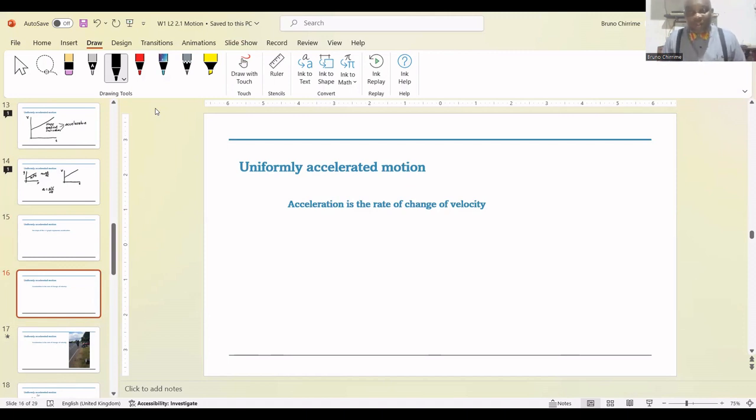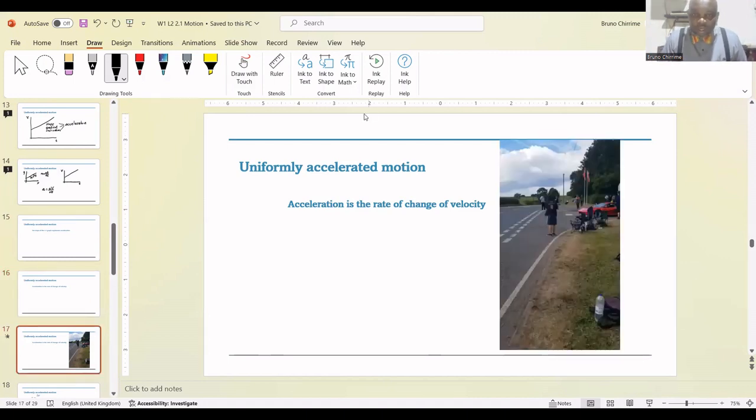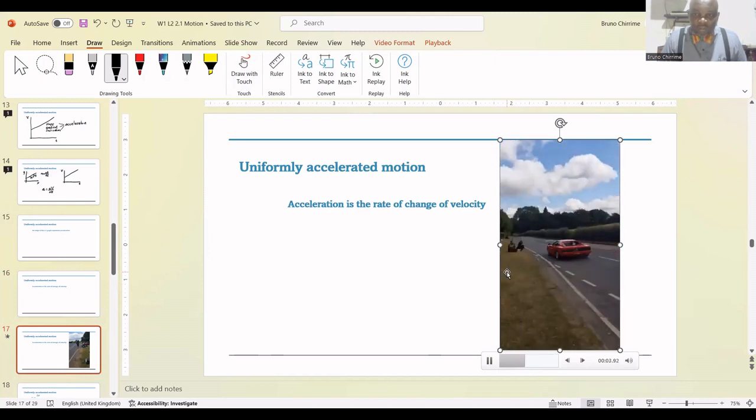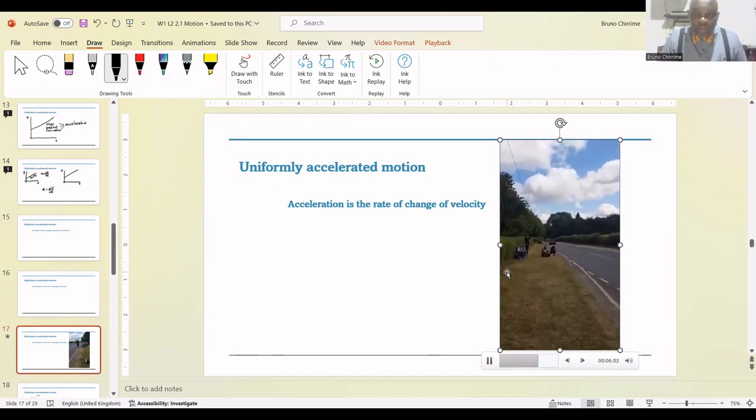And for that, we have a small video here. We can see acceleration of a Ferrari. So we speak about powerful cars that can accelerate very fast, very speedily. You can see that it went from around 0 kilometers per hour to 100 kilometers per hour before it disappeared from the image. Before it went out of our view there, it was already above 100 kilometers per hour.